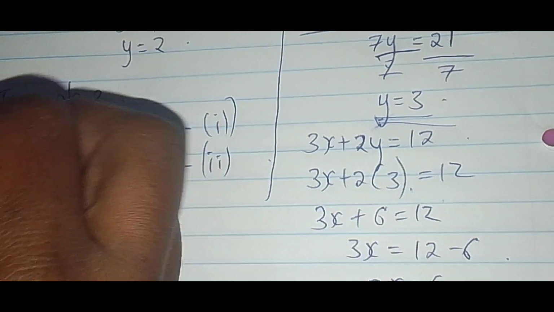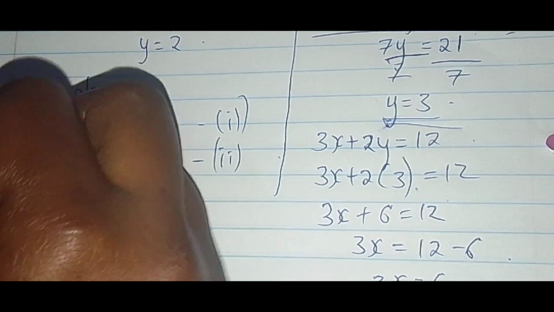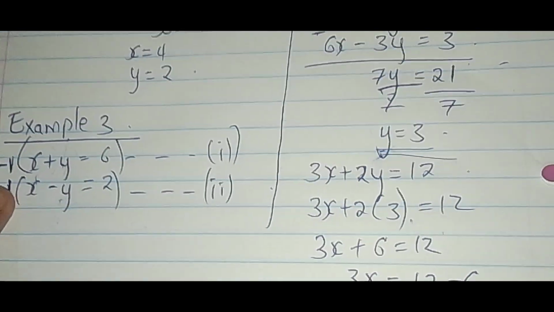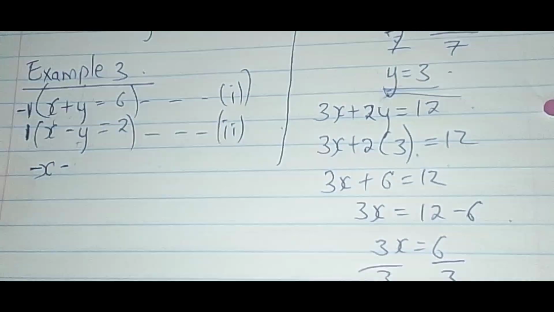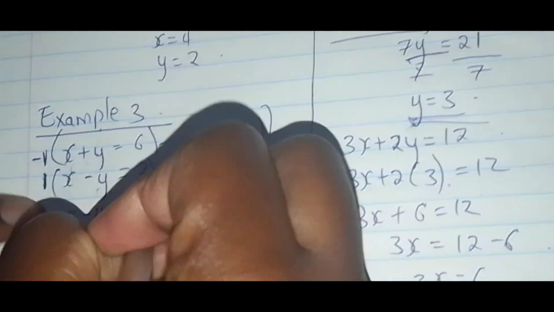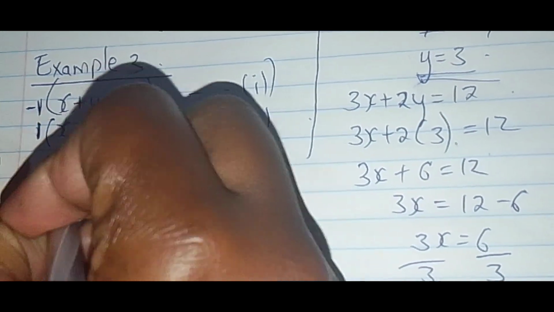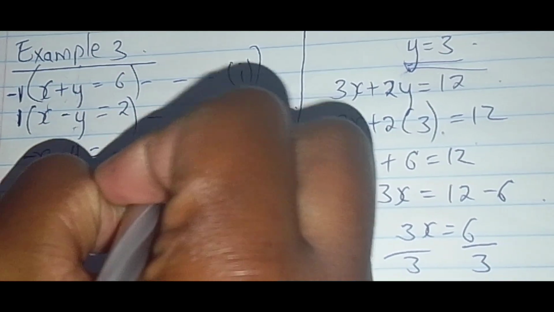In order to make it the same, we will need to multiply here by a negative 1, then here by a 1, so that we get a negative 1 in both. Negative x minus y is equal to negative 6. X minus y is equal to 2.